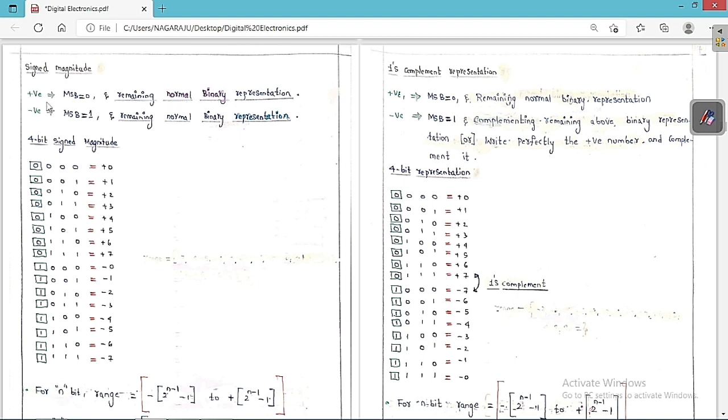Therefore, positive means the MSB is equal to 0 and the remaining digits represent the normal binary representation. Negative means the MSB is equal to 1 and the remaining digits represent the normal binary representation.